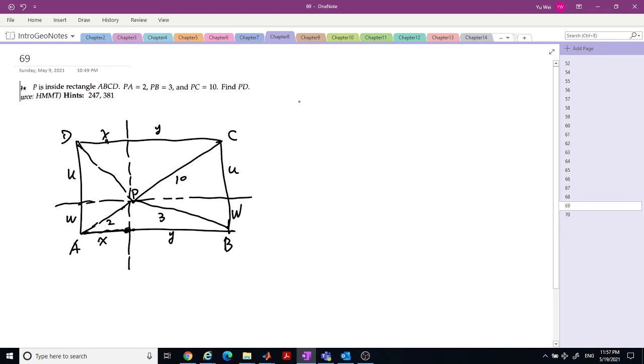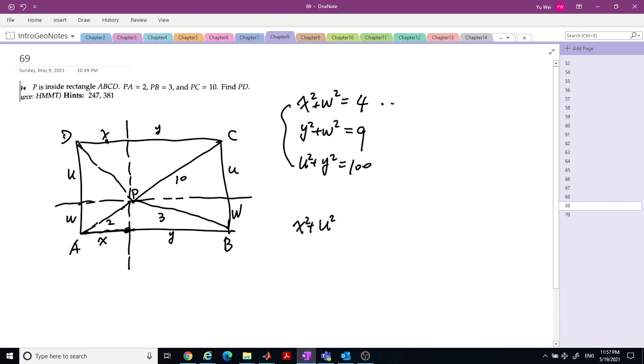First, we have x squared plus w squared equals 4. Second, we have y squared plus w squared equals 9. Third, we have u squared plus y squared equals 100. The goal is asking us for x squared plus u squared, right?